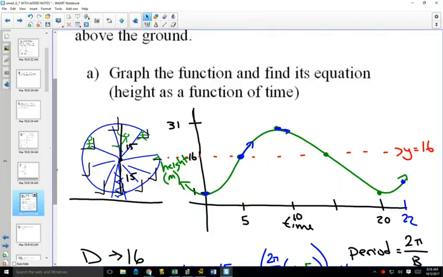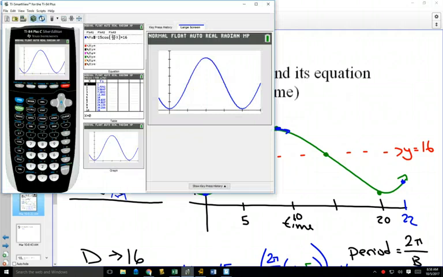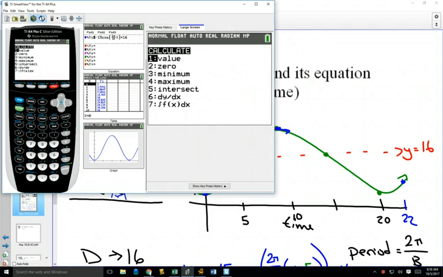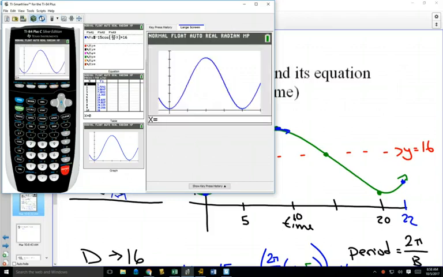Now if we wanted to use our graphing calculator to figure out what that is exactly, all of our options for our graphing calculator are above this trace button with calculate. So if we go second and trace, this menu comes up. We've already done a few of these things, but the first one, value, lets you type in anything for x.